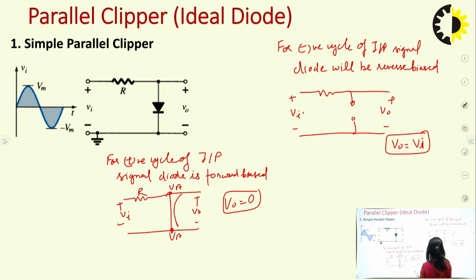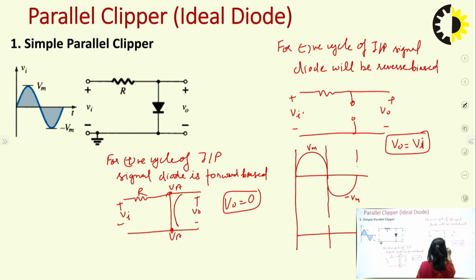Now we will draw the output waveform. So this is our input. This is plus Vm and this is minus Vm. This is our input and this is our output. So we have seen that for positive cycle output is 0 and for negative cycle output is equal to Vi, that would be equal to minus Vm.